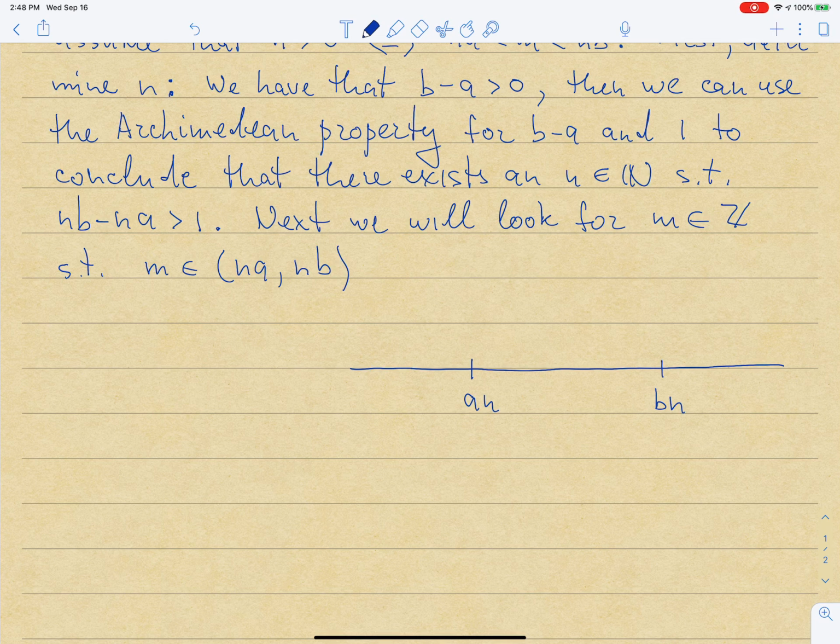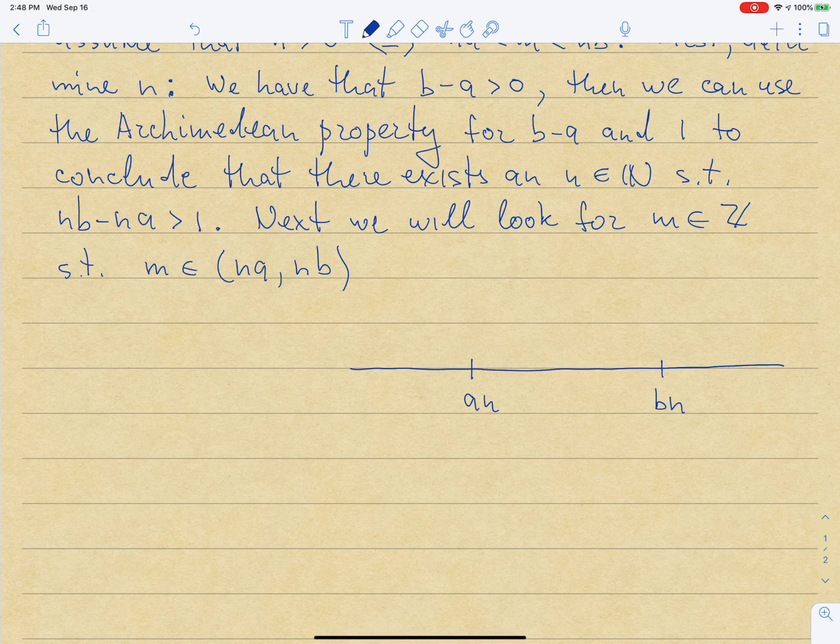consider an integer k. Now an and bn can be, of course, both less than 0, both greater than 0. An can be less than 0, bn can be greater than 0.